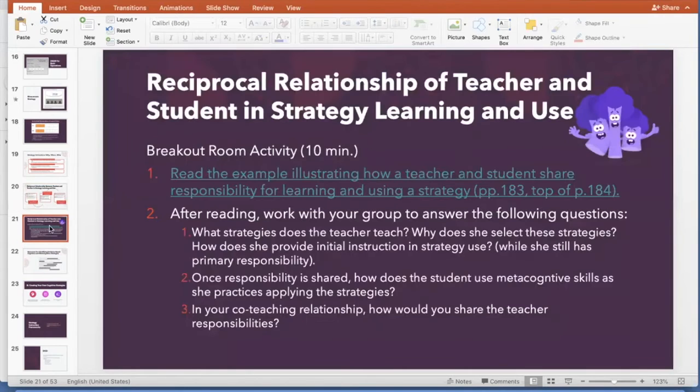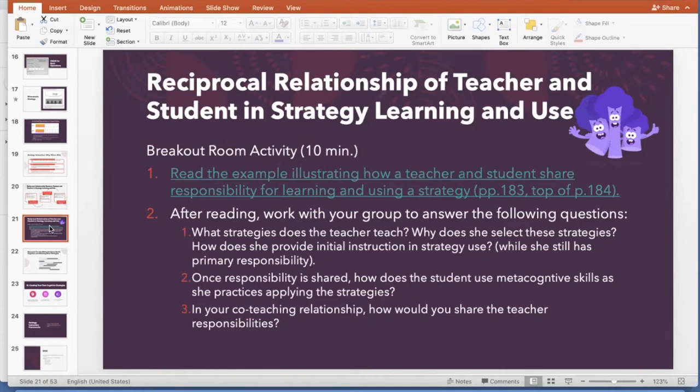So we're going to spend a little bit more time now talking about the reciprocal relationship between teachers and students when we're giving strategy instruction. We're going to head to breakout rooms again. In the folder that Kristen shared with you, and in the Google link I just shared with you, you'll find a document called, I think, Example of Teacher-Student Responsibility.